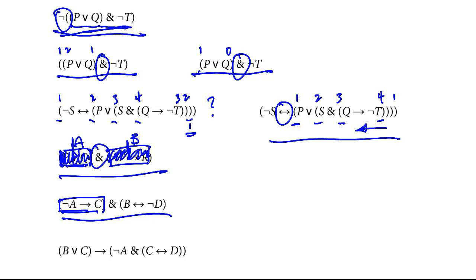So this is one unit, if you want to say that instead of chunk. And then over here we have B, if and only if, not D, inside parentheses. So again, that's one unit. And then again, at the most general level, what the sentence is saying is A and B.